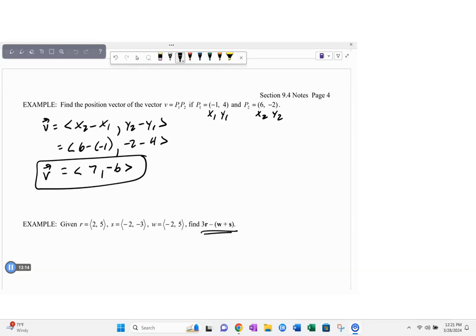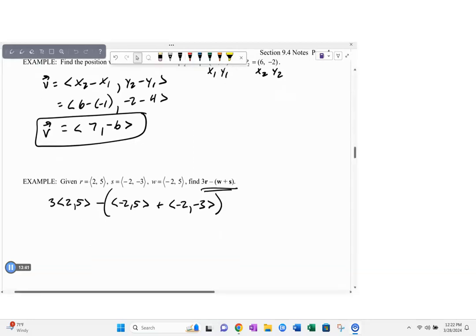Well, let's substitute in our vectors. 3R, there's our R vector, minus, and then we've got W plus S. Well, we'll take the 3 times each of those, so we'll have 6, 3 times 2, and then 3 times 5, I'll have 15.